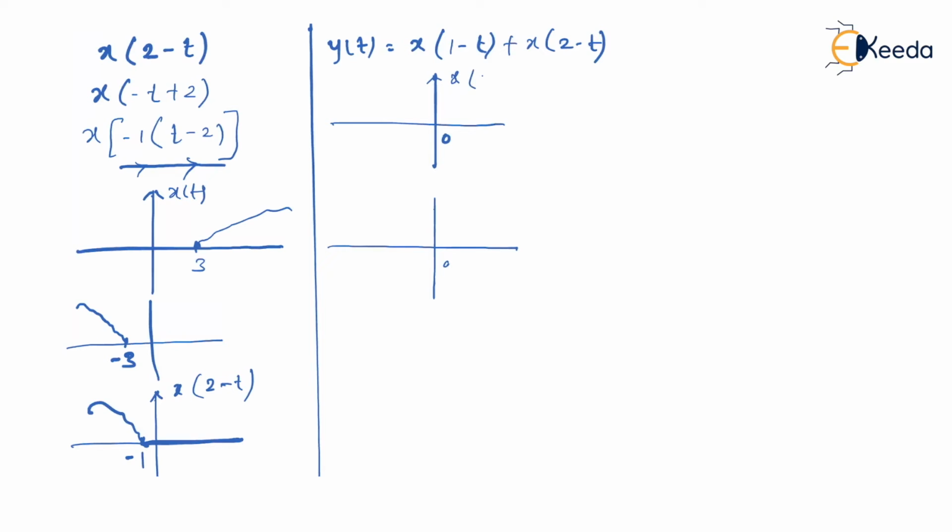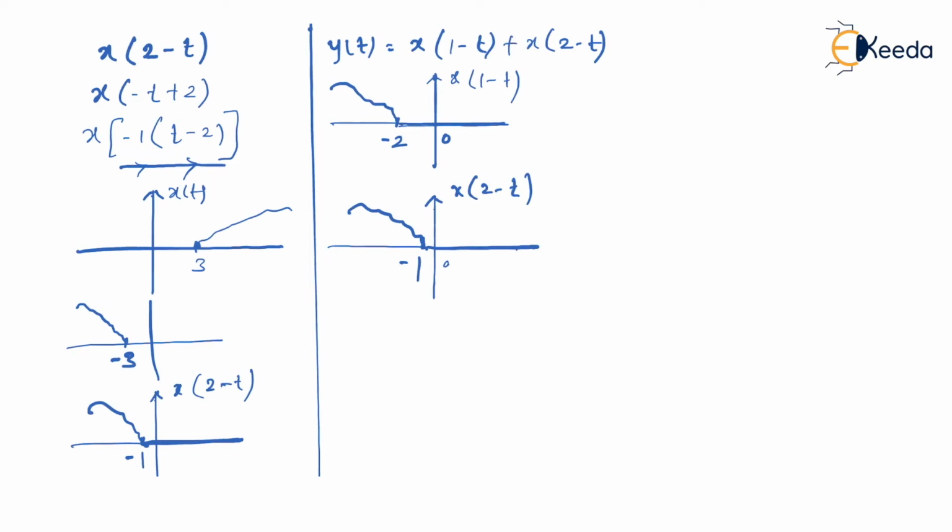So first signal, which is x of 1 minus t, if you remember, it was 0 after -2. And this is your x of 2 minus t, which we have derived just now. It is 0 after -1.